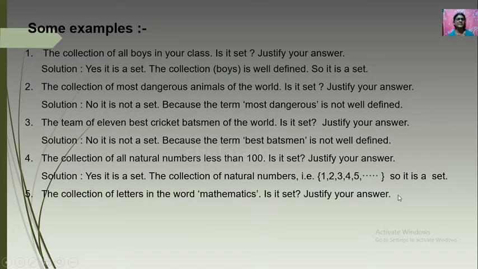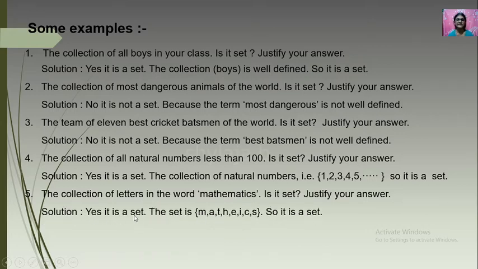Fifth question: is the collection of letters in the word mathematics a set? Justify your answer. Definitely we can write the letters of this word mathematics as a set like this. Yes, it is a set. The set is M, A, T, H, E, I, C, S. Here some letters are repeated.